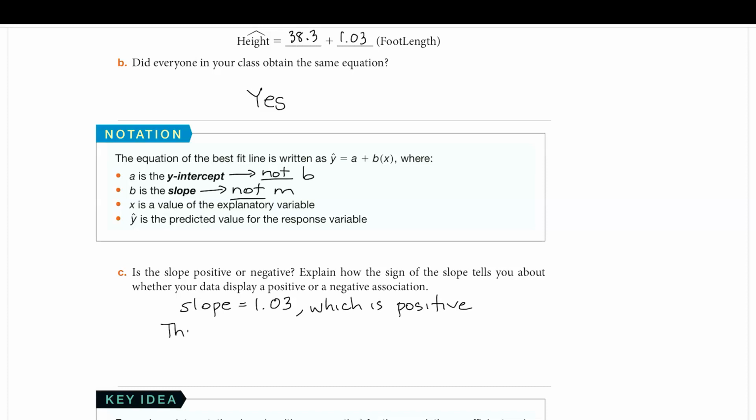So the slope is 1.03, which is positive. And as it should, this matches the positive direction of the association.